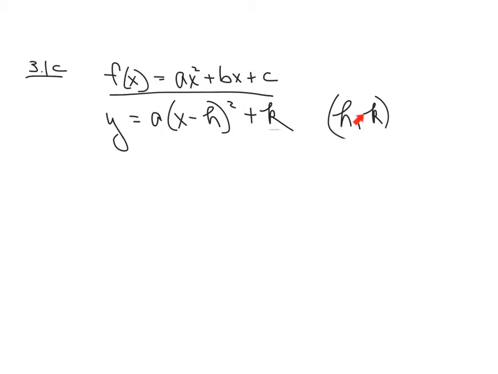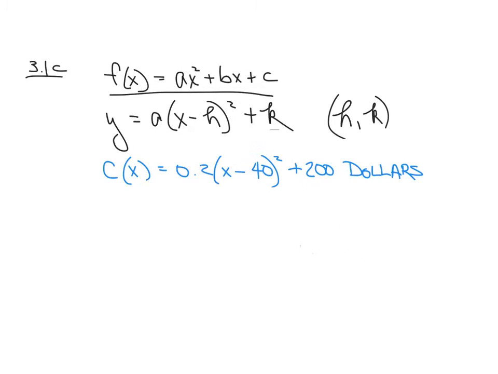And the only other thing is, the bigger the a is, the narrower my parabola is going to be. So if my a is small, it's going to be like that. But if my a is big, it's going to get narrower and narrower. So just remember that as you're going along with this.